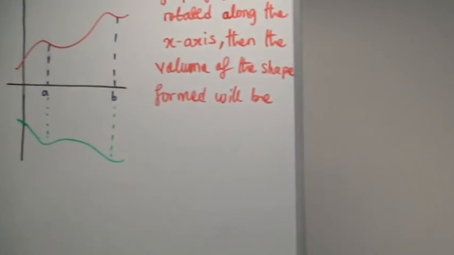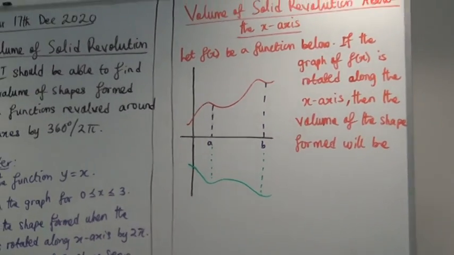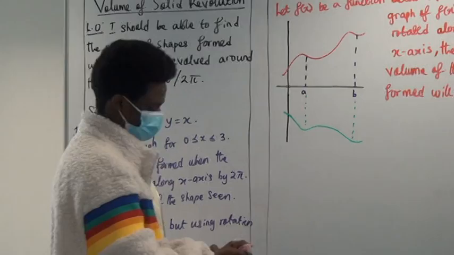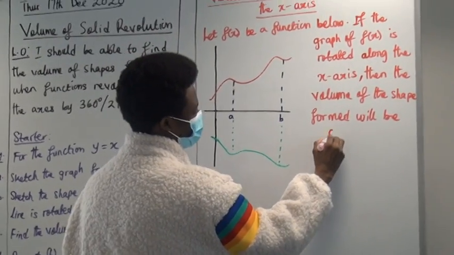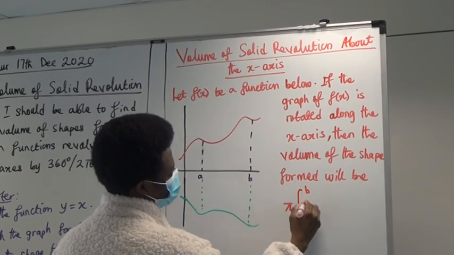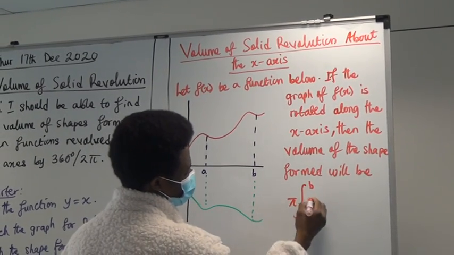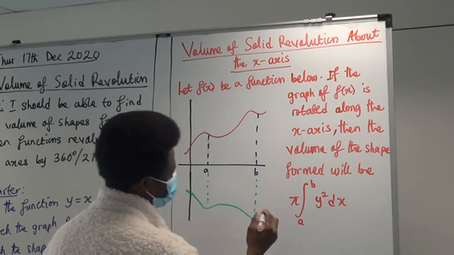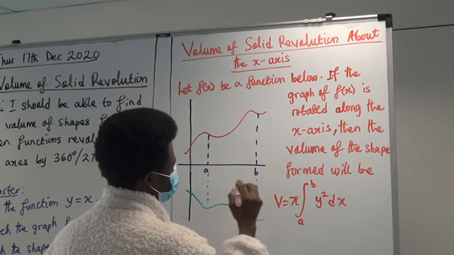Have you done the first part, finding the volume of the shape formed? You've done that, right? So, the way to do it in integral for a general function is simply to find the integral within those intervals, pi integral those interval of y squared dx with respect to x. So the volume is this.